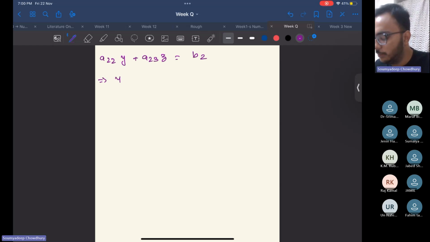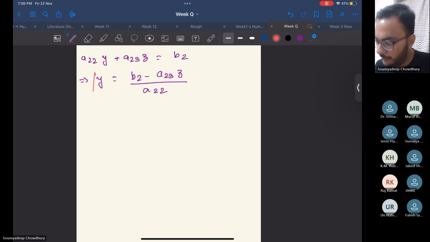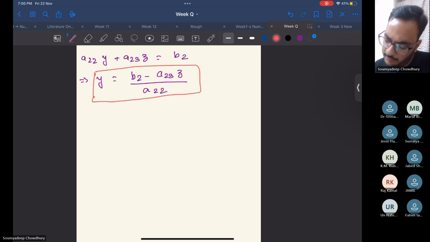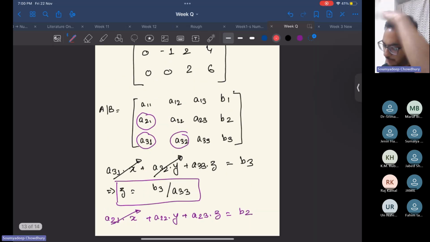From this we want to find out y, right? So it is basically b2 minus a23 into z, divided by a22. So this is y. So z you can find out from here. So z is basically b3 by a33.